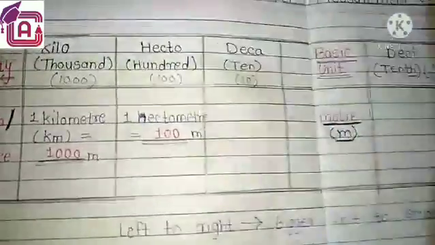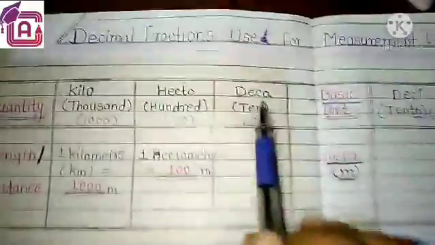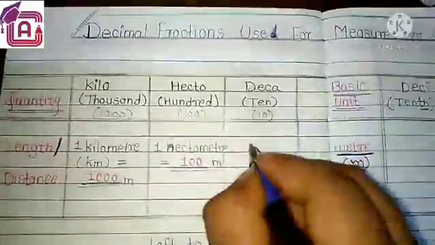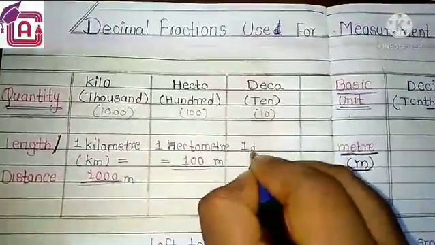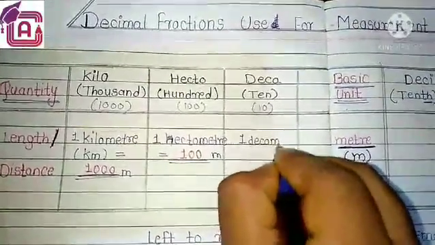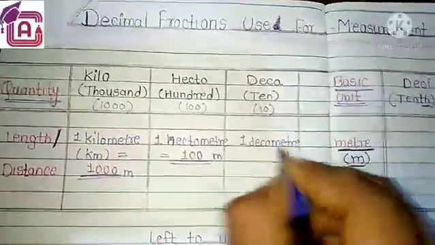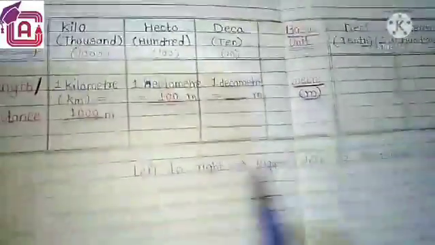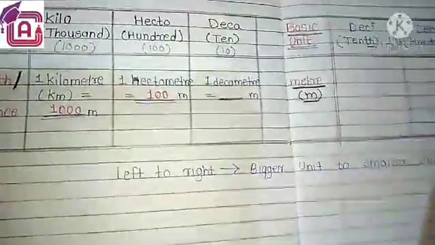Now going towards the third one, that is deca. Deca means 10. So 1 decameter is equal to how many meter? Because all the things we are calculating with reference to the meter. That is 1 decameter.